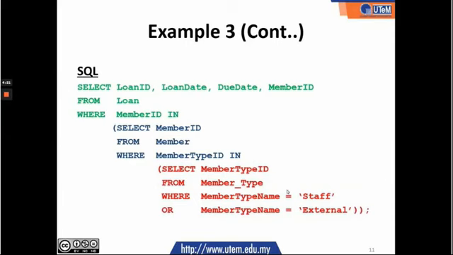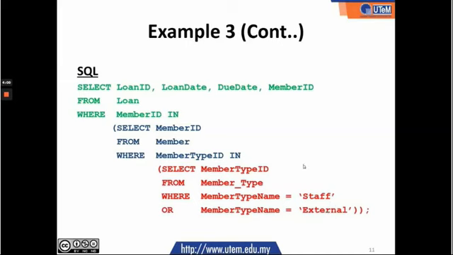This inner query for this situation will produce two values, which are member type ID 1 and member type ID 3. Member type ID 1 is for staff and member type ID 3 is for external member.